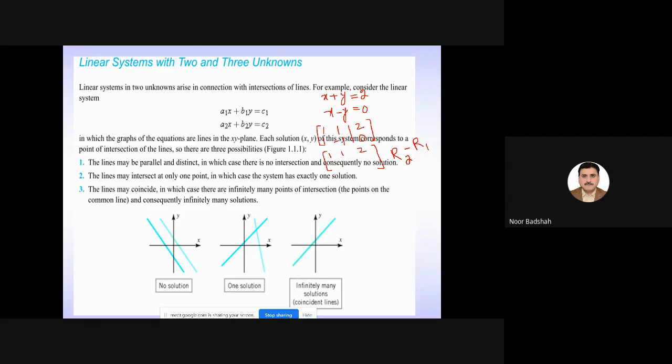We get 1 minus 1, that is 0; minus 1 minus 1 is minus 2; and 0 minus 2 is minus 2 as well.